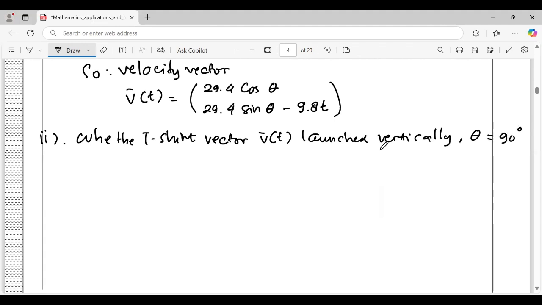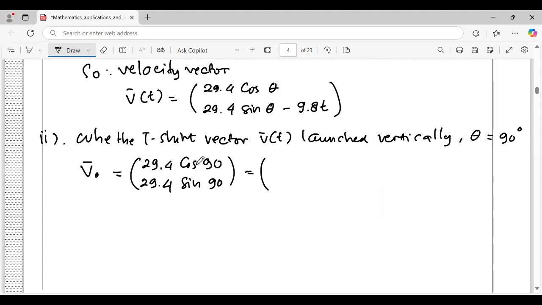So we can state that V0, the initial velocity, will be 29.4 cosine 90 and 29.4 sine 90. Cosine 90 is 0, and sine 90 is 1, so it is 29.4.